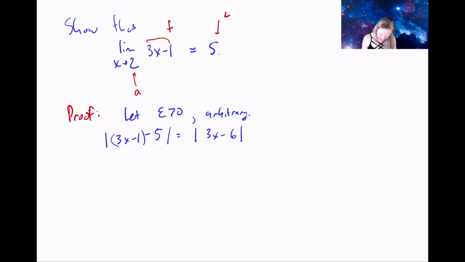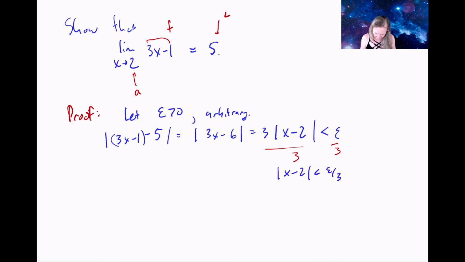And that's like 3 times the absolute value of x minus 2. The x minus 2, oh, that looks like x minus a. So if I suppose that that's less than epsilon, then if I move this 3 to the other side, check this out. I'll divide by 3, and I'll have that absolute value of x minus 2 is less than epsilon over 3.